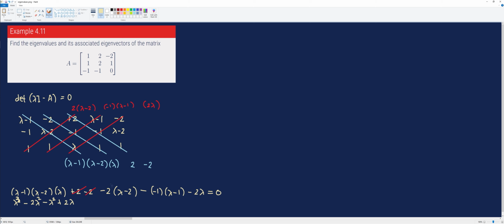And let's continue. We have negative 2 lambda plus 4. Whereas this one, so this will become positive, so that is positive lambda minus 1. And we have negative 2 lambda here. So we simplify. So this will be zeroed out.